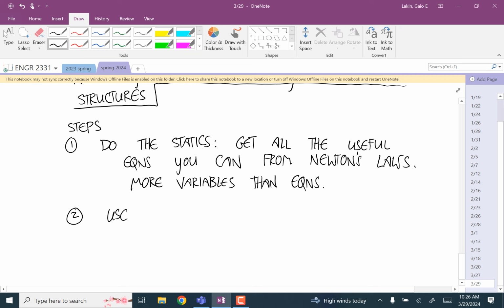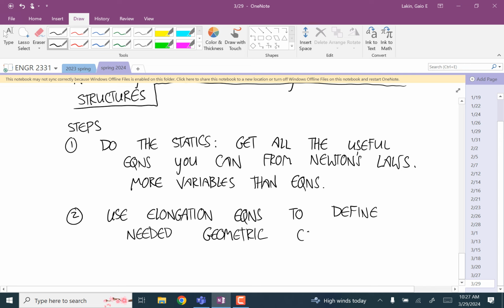And so now you use the elongation equations to define the needed geometric constraints.